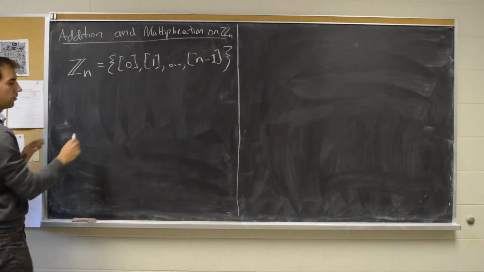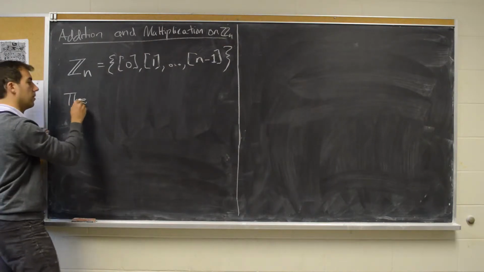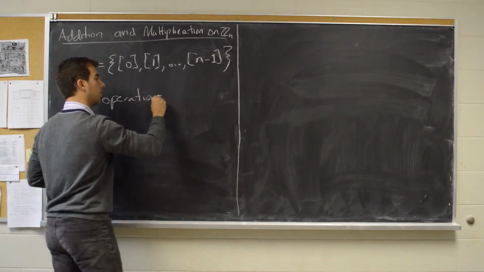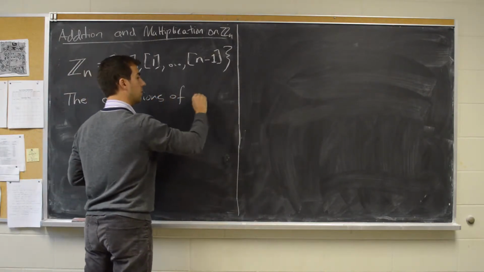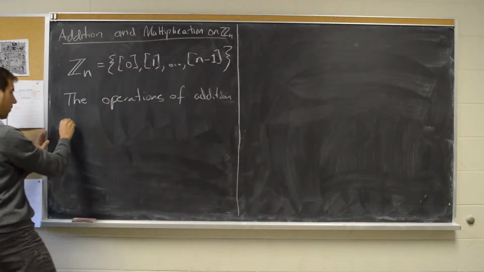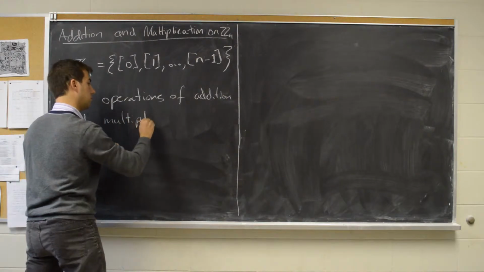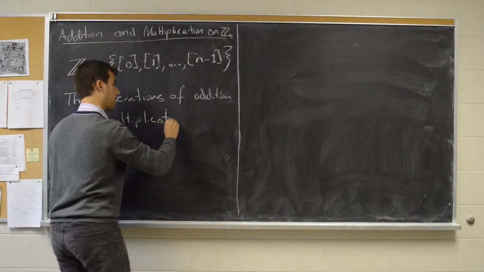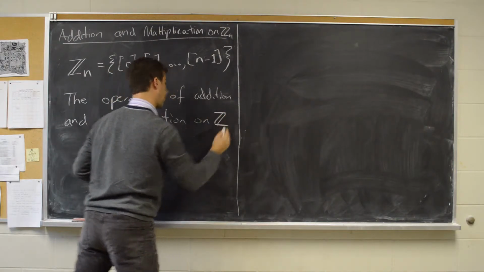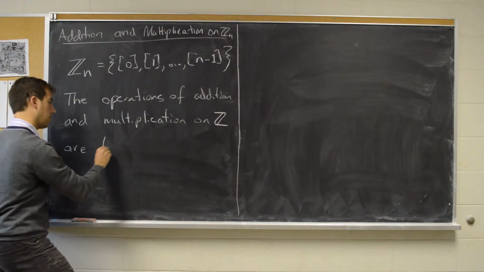So let me tell you about addition and multiplication on Z first. The operations of addition and multiplication on Z are what is called binary operators.